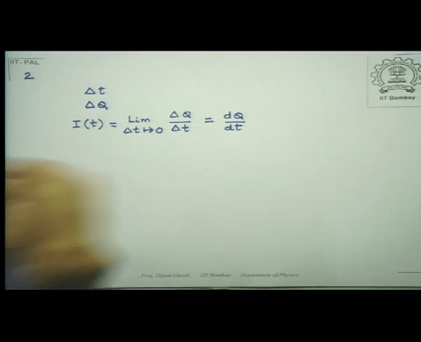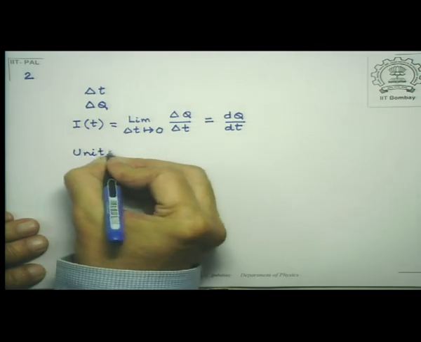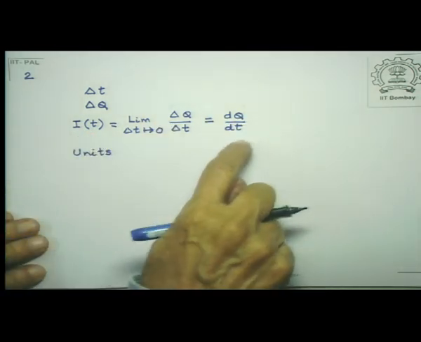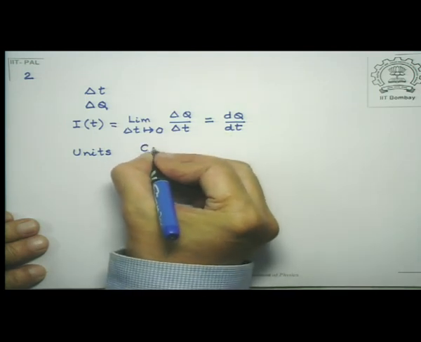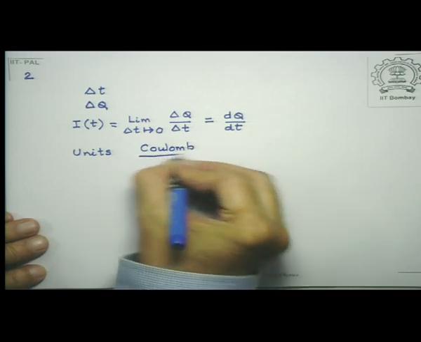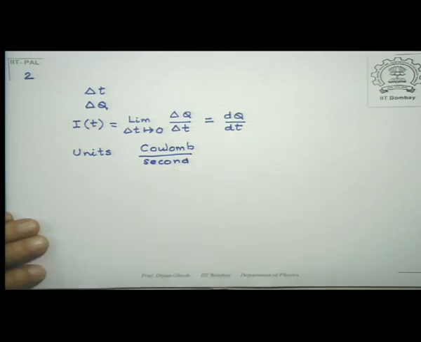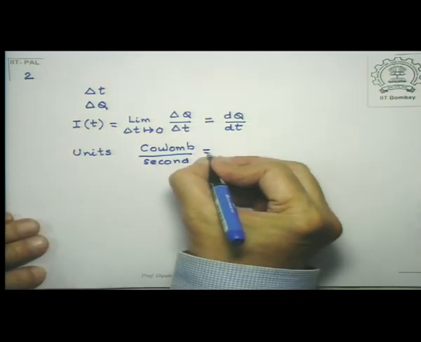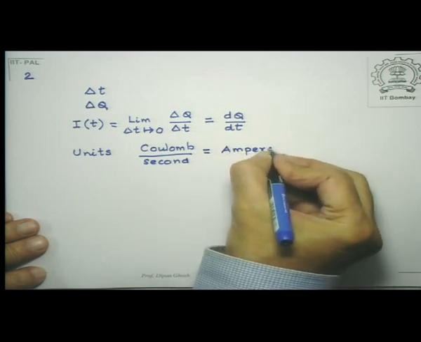Let us look at what are the units of current. So, note that current is defined as charge divided by time. So, therefore, obviously, the unit that I expect is coulomb per second. Actually, this is given the name ampere.